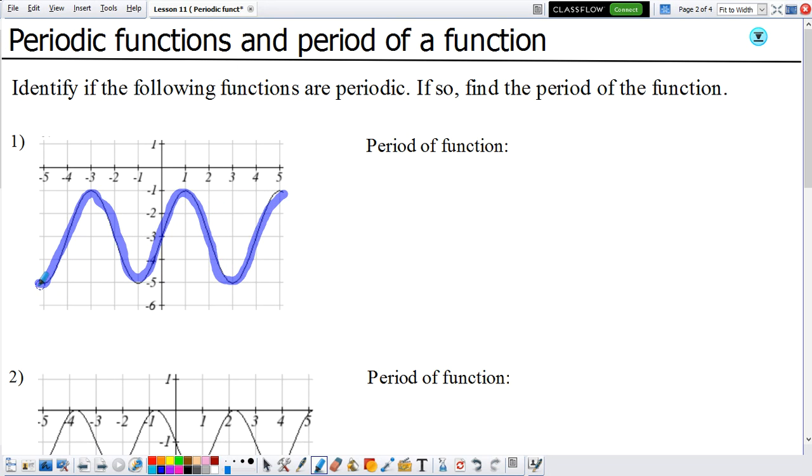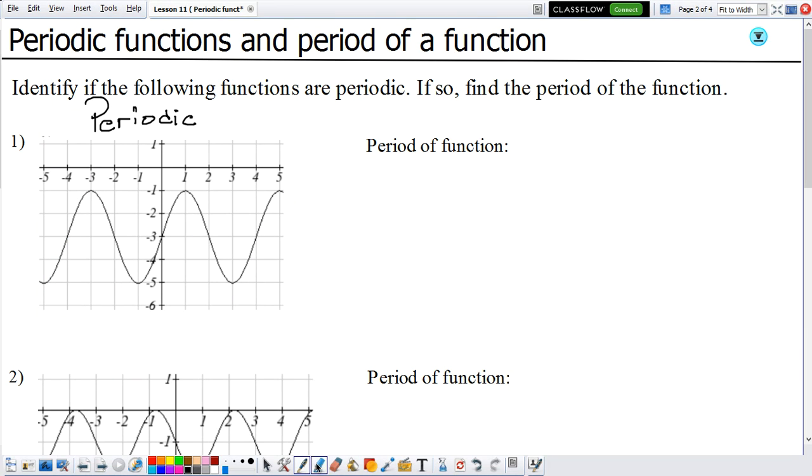It always goes from -5 to -1, and it always follows that same pattern. Because this graph follows that same pattern, this is called periodic, because it always follows that same pattern and it's always hitting the same y values.